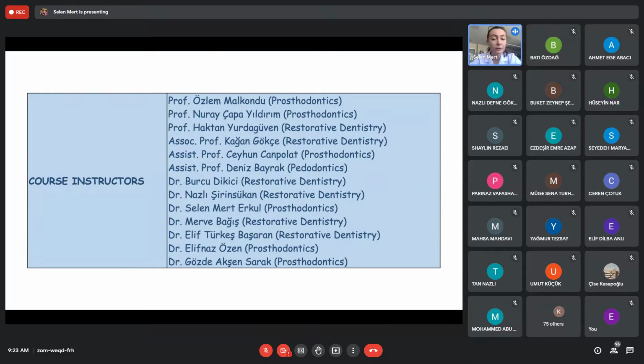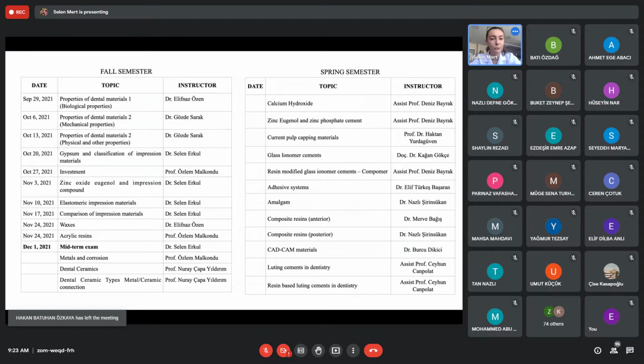These are the other course instructors you are going to meet soon. These are the fall and spring semester timetables for your lectures. If you have anything to ask the lecturers, you can come back and look at this slide to find their names.